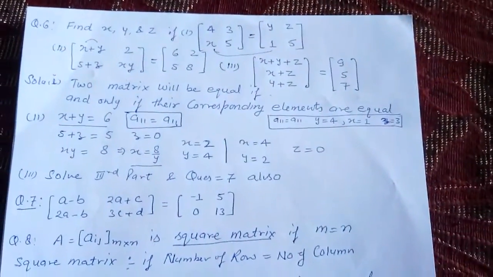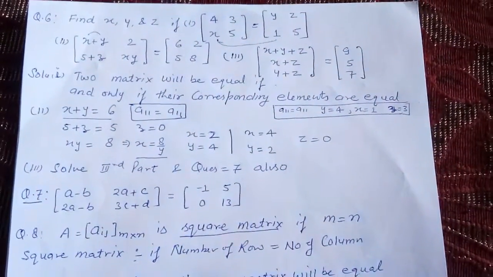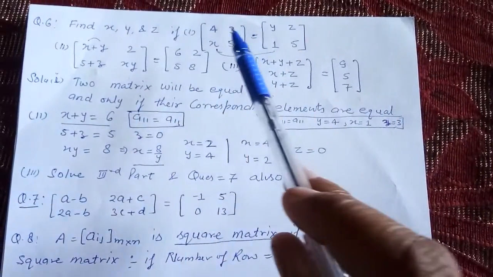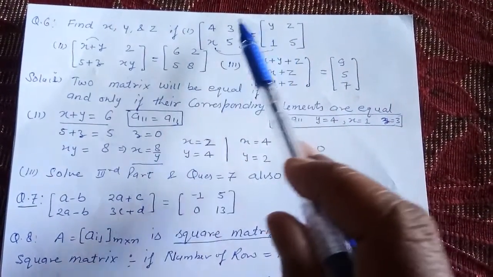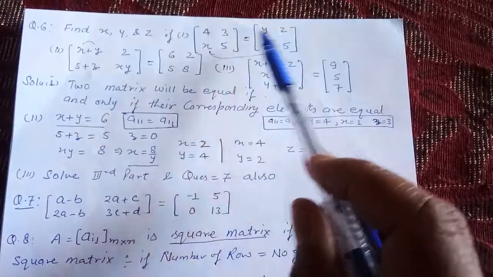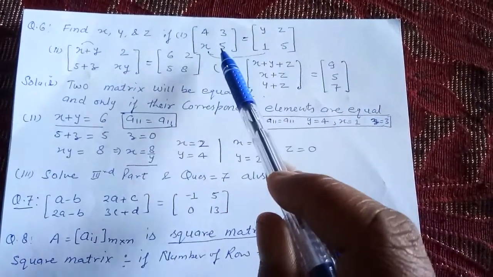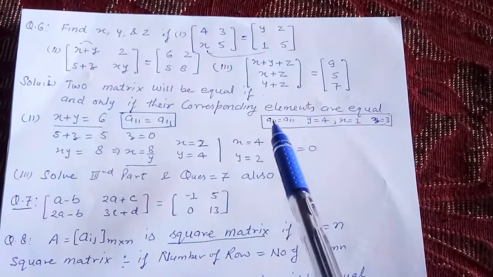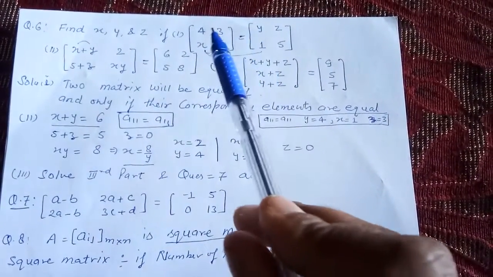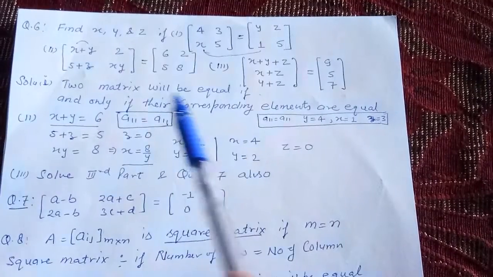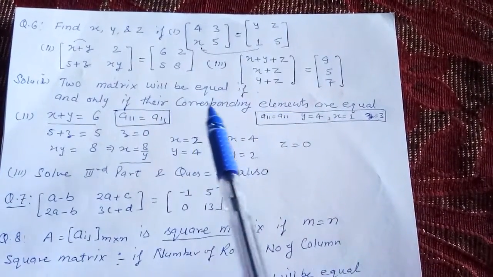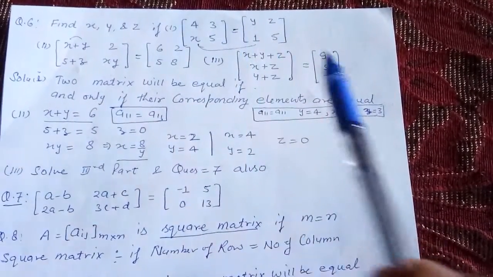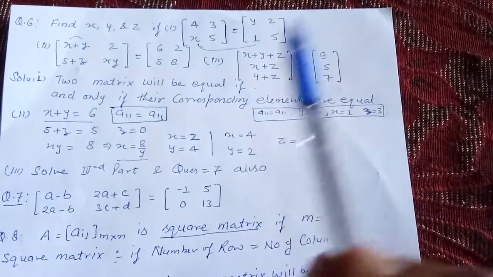It means if two matrices are equal, then their corresponding elements will be equal, right? a11 will equal a11, a12 equals a12, 21 with 21, 22 with 22. If we compare this one, we will get y equals 4, right? This part we have solved. So y is 4, z equals 3 and x equals 1, right?